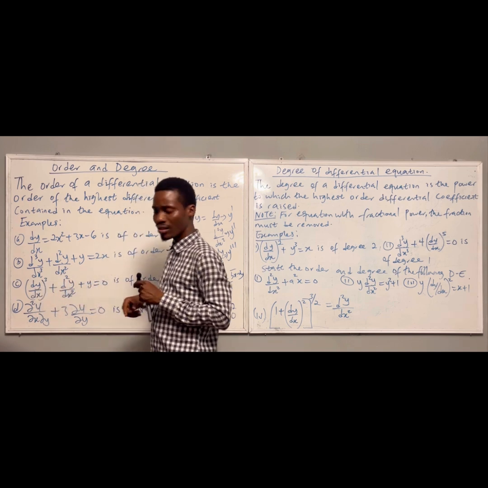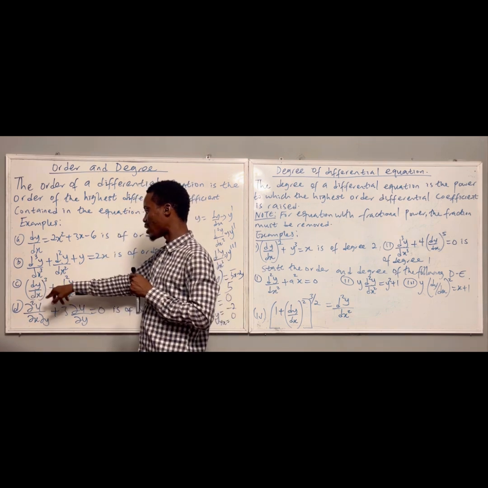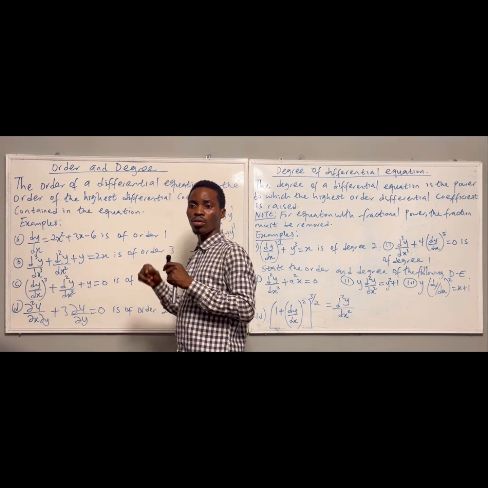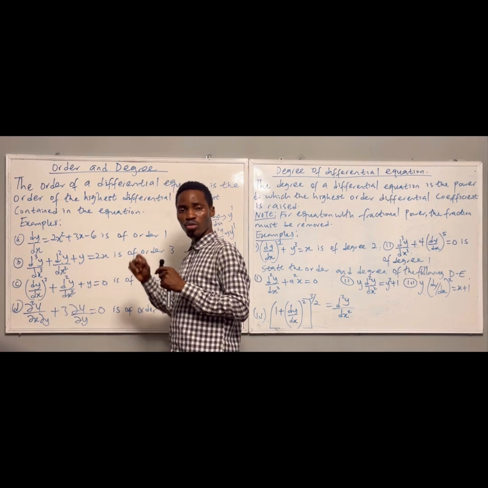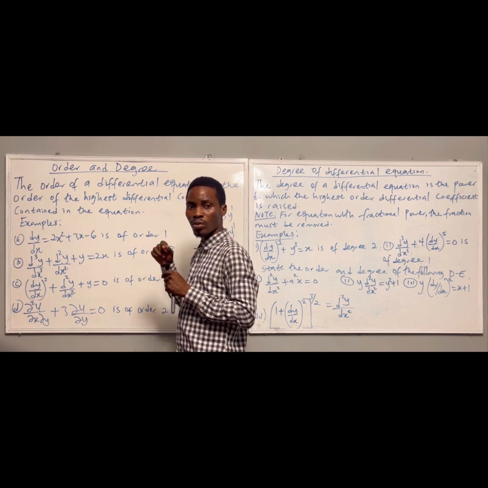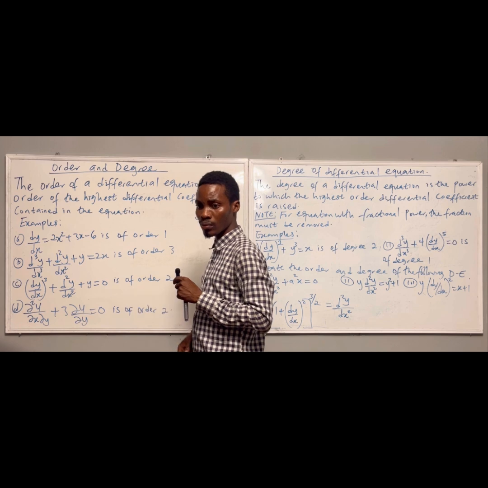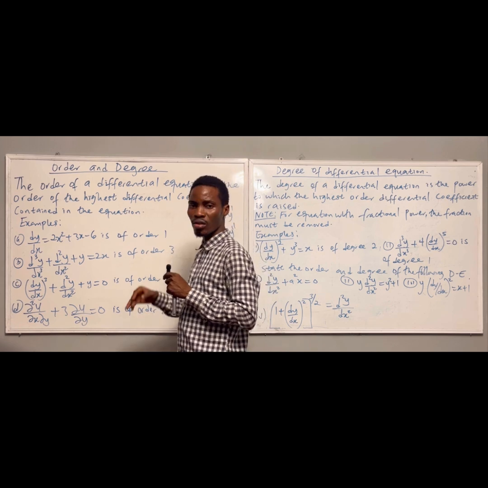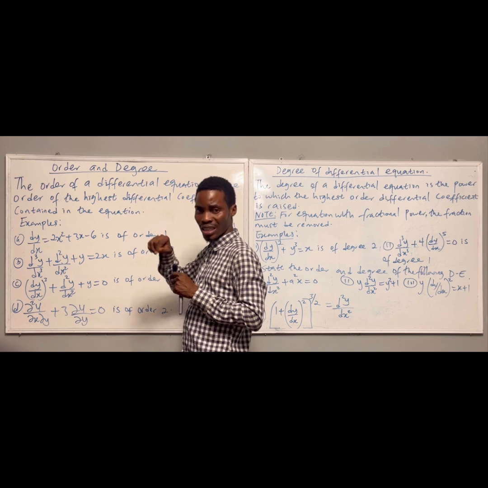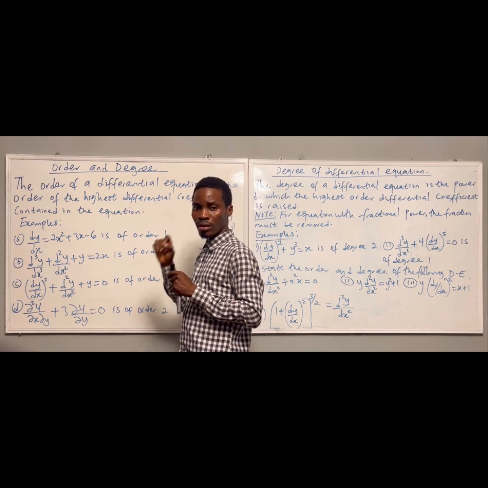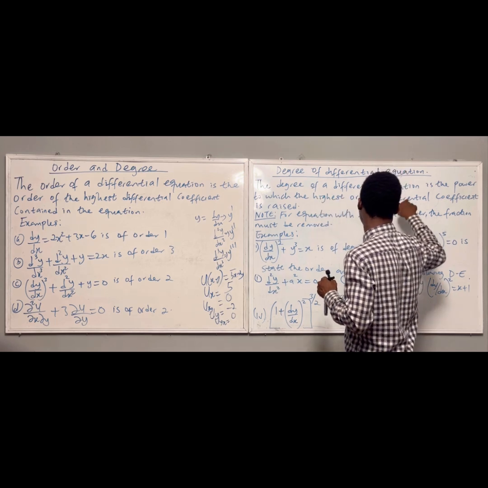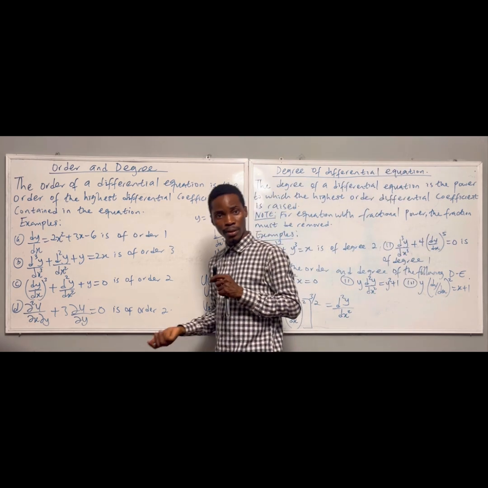Because I see 3 here, I cannot say the degree is 3. For us to get the degree, the highest of the differential coefficients will let us know the degree: the power to which the highest order differential coefficient is raised is our degree.